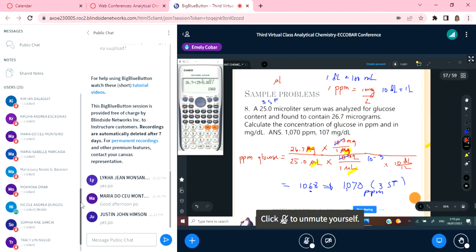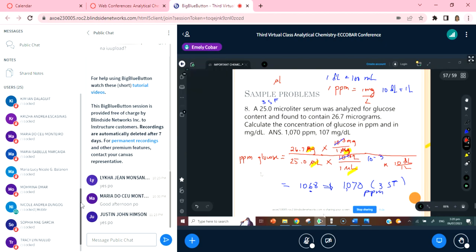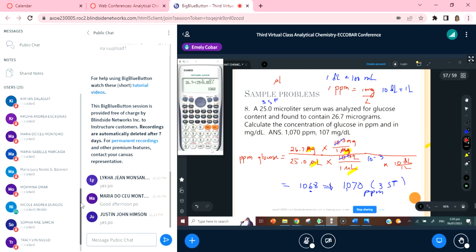Ulitin natin itong isa na to, but this time yung sa milligram per deciliter ng glucose. Okay. So, 26.7.